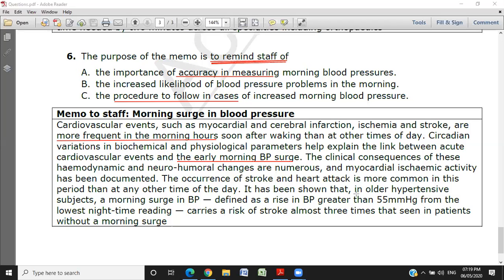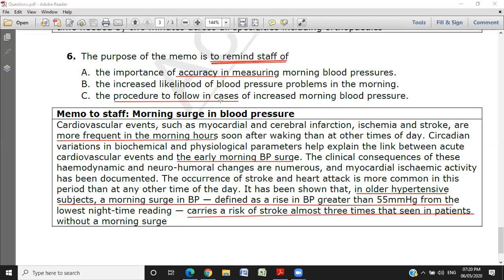And then this about the older hypertensive patient is just one of the examples. The entire paragraph is not just about elderly people. It is about anyone who is having myocardial infarction, but they are more at risk. Older people have more risk as compared to the other group of people.